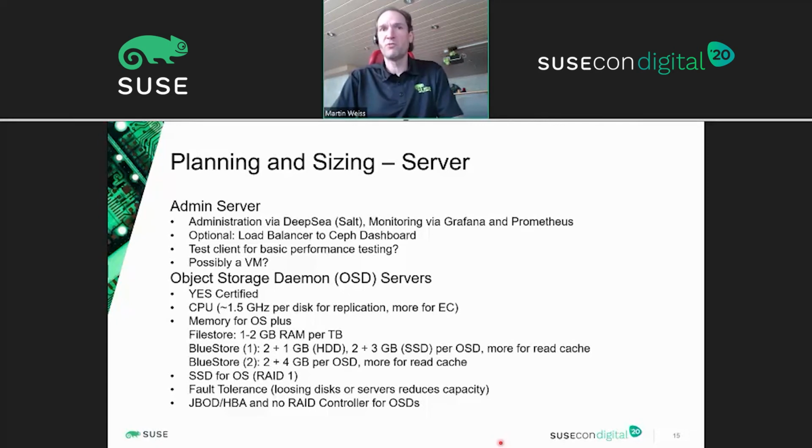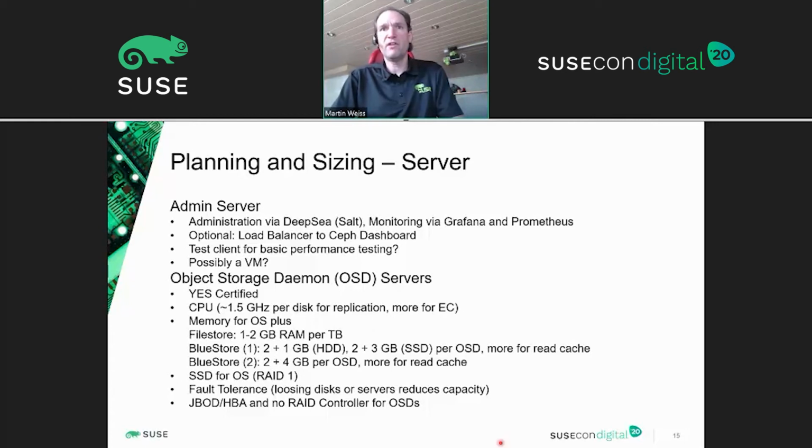Then we always recommend to have SSDs for the operating system, just to have fast installation. And if you do monitor co-location on the same servers, we have to have SSDs anyway. For the number of servers and the number of disks, keep in mind whenever you lose a server or when you lose a disk, you lose capacity.